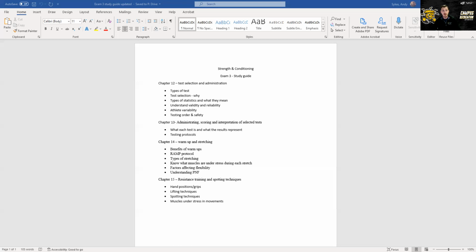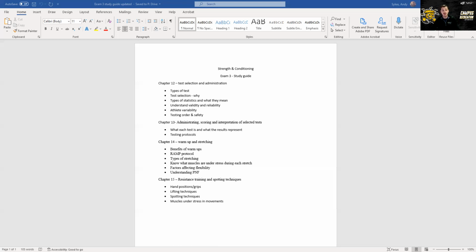Athlete variability is the next bullet point there. So what would we likely see in different tests based on different athletes? Okay, as an athlete comes from childhood into adolescence into adult, you're probably going to see an increase in performance, an increase in scores. Generally, that's the rule, but maybe that isn't always the rule. Maybe flexibility decreases.